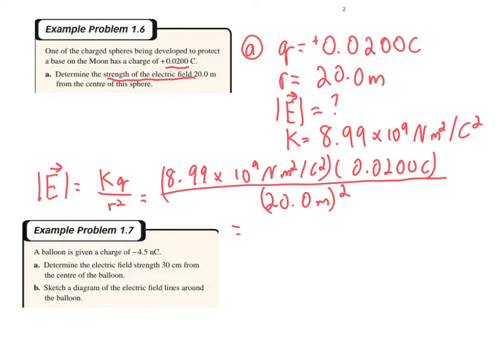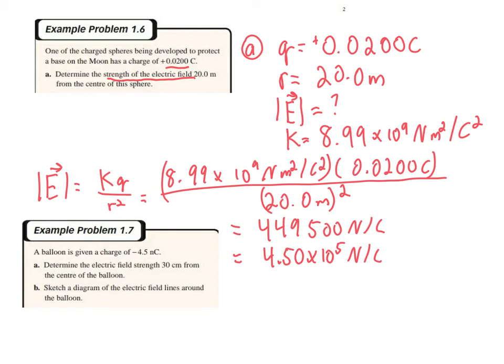Do not forget to square it. And we get a final answer here of 449,500 newtons per coulomb, which, if we take to proper sig digs, is going to be 4.50 times 10 to the 5 newtons per coulomb, and that would be the strength of this electric field at this potential moon base that they're talking about in this question.